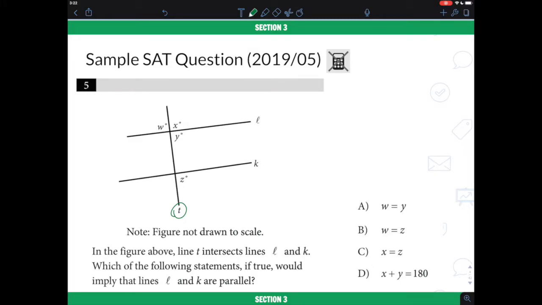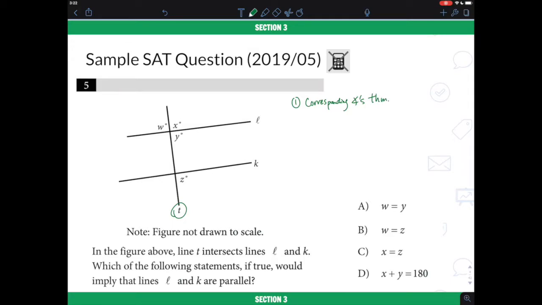Now, in order to prove that lines L and K are parallel, we have three ways to prove it. Number one is called the corresponding angles theorem.